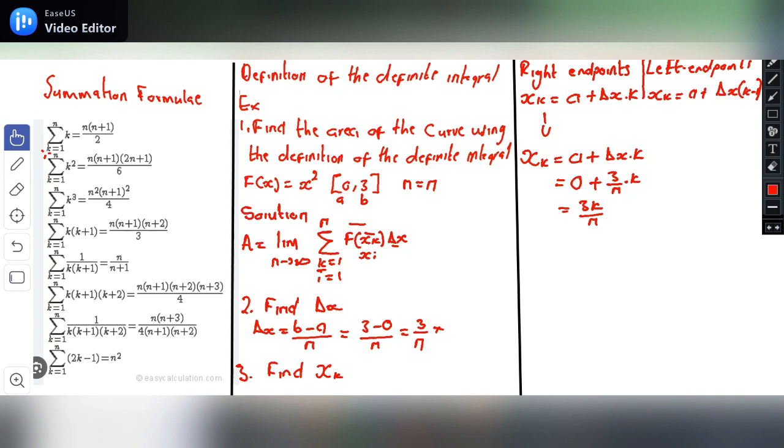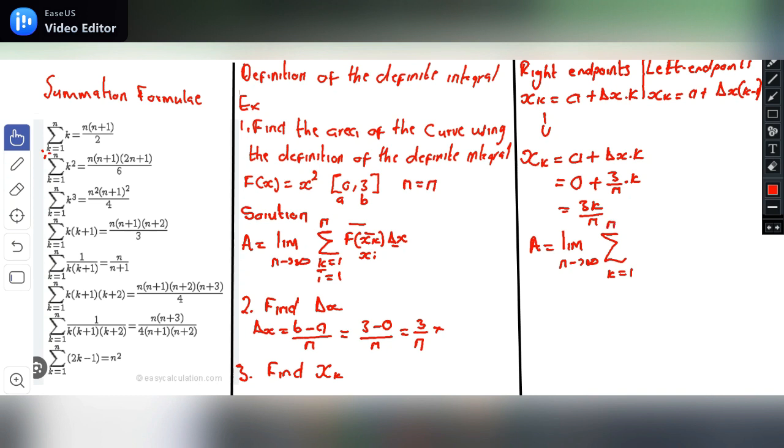Therefore, now after finding xk, what do we do? We're now going to write down our formula again. We know that our formula is A equals the limit where n approaches infinity. Always you need to write this limit, guys, and then the sigma from 1 to n.